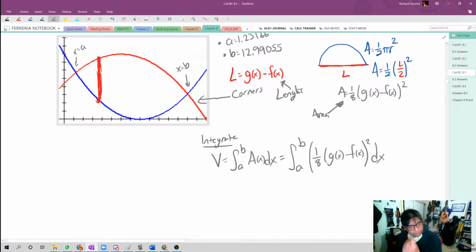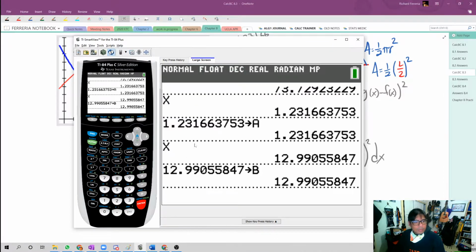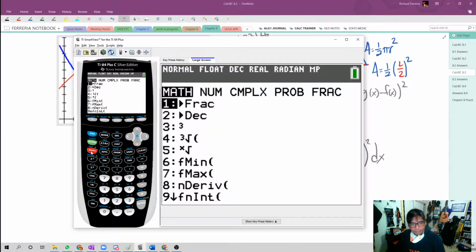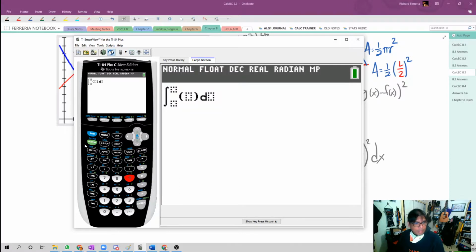So let's go ahead and chuck all that in the calculator and see what we come up with. We're going to integrate. And then we'll put A down there and put B over here. I don't want to waste time typing out that number and then checking it 5 times because I'm not sure I did it correctly. And I need a 1/8. Okay, g of x minus f of x.